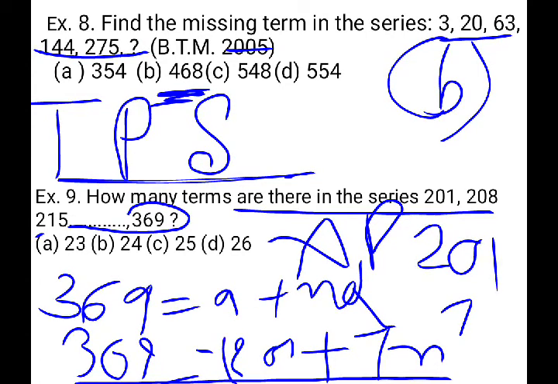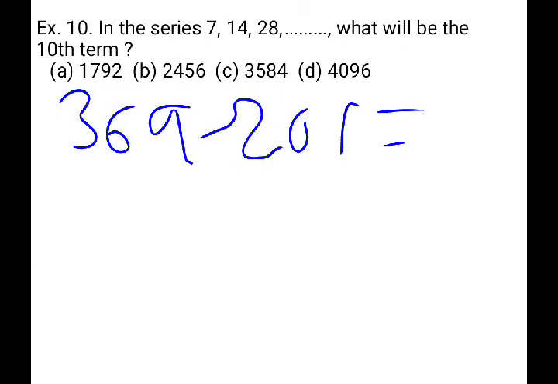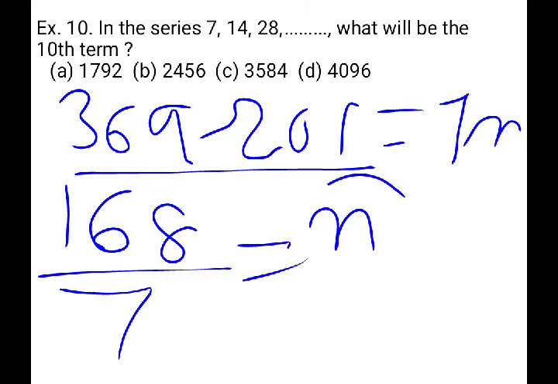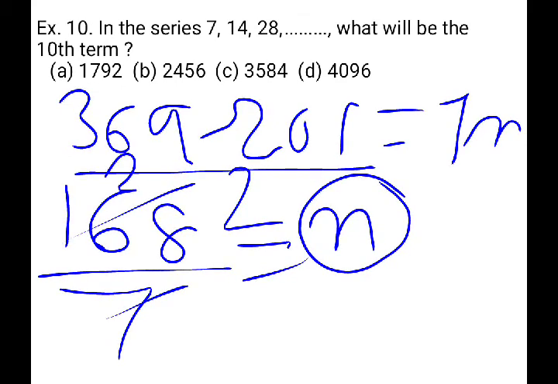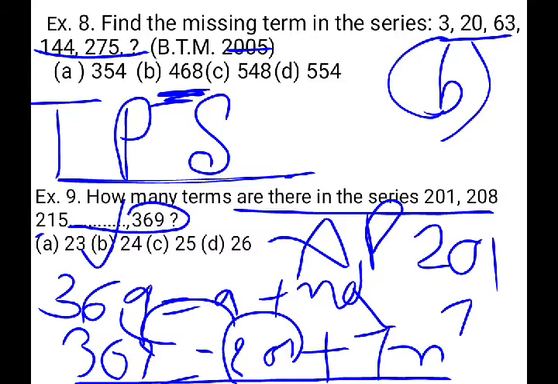We bring this 201 to the left hand side. 369 minus 201 is equal to 7n. See here 369 minus 201 is 168. The 7 turns to the other side, so 168 by 7 will be n. 7 2s are 14, 2 remains, 28, and 7 4s are 28. So the number of terms here is 24, option B.